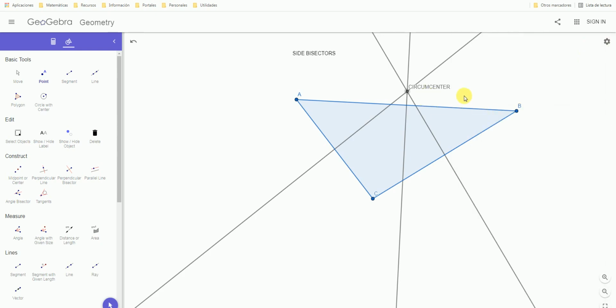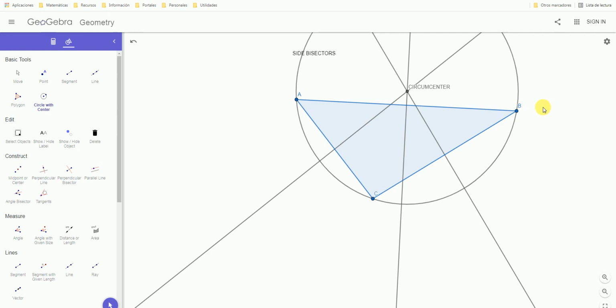And why do we call it the circumcenter? Well, there's a reason for that. We call it the circumcenter because it's the center of the circumference of the circle circumscribing the triangle. Okay, let's draw that circle here.